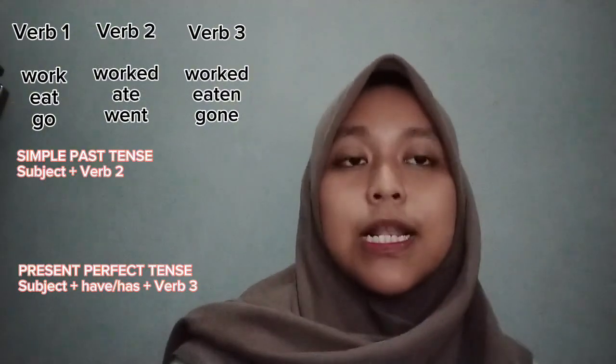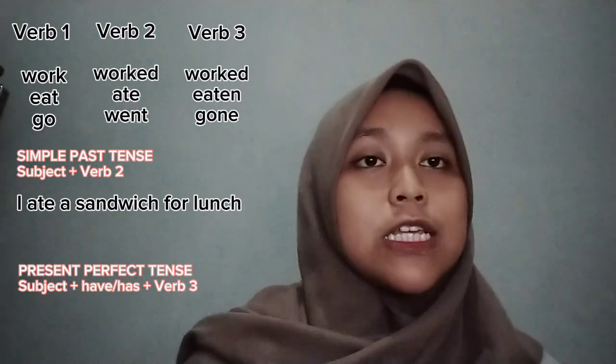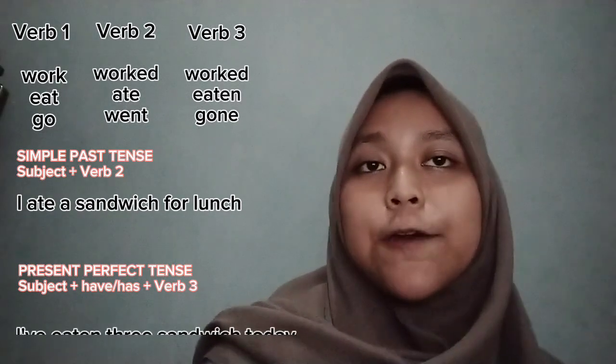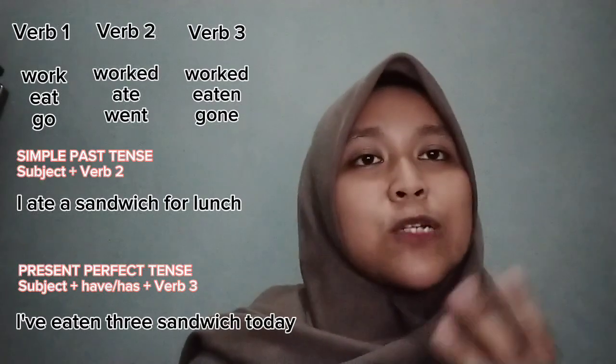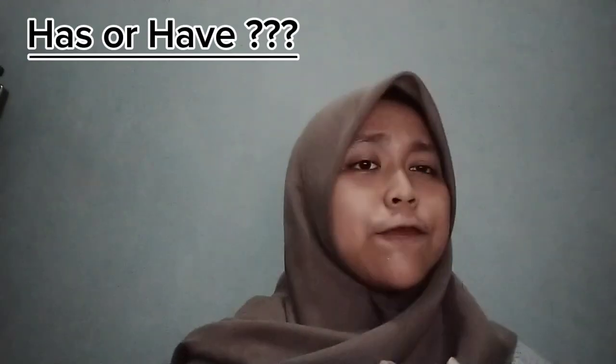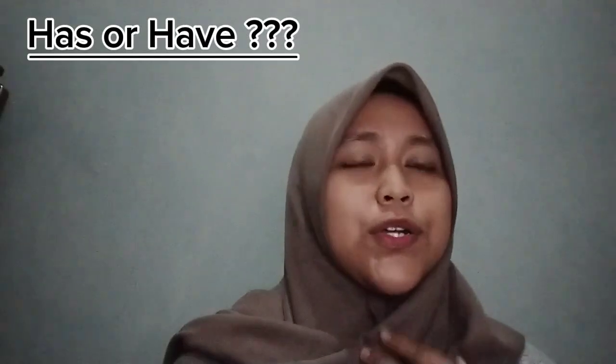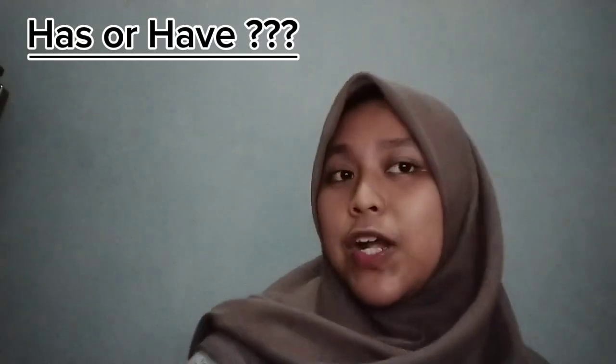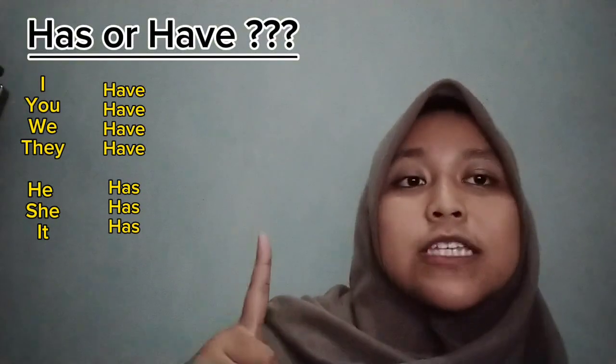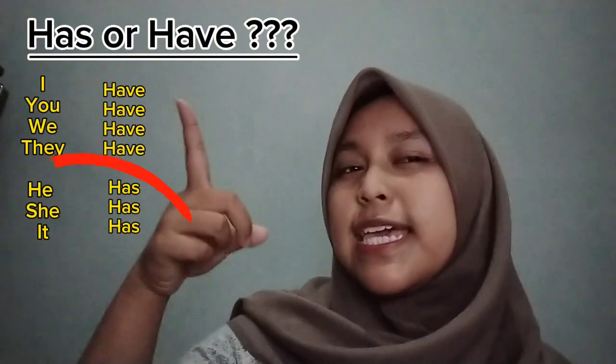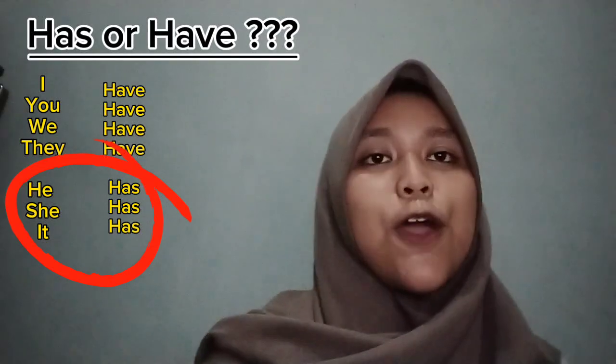For example, I ate a sandwich for lunch. I've eaten 3 sandwiches today. I'll keep the grammatical structure highlighted for you. Has or have? It depends on your subject. Take a look. Use has when your subject is he, she, or it.